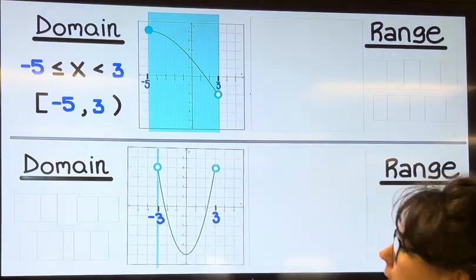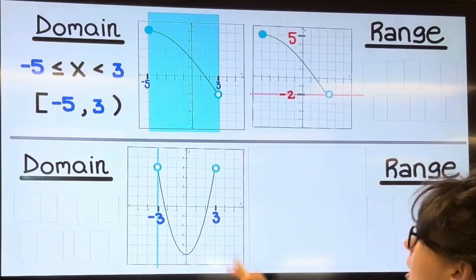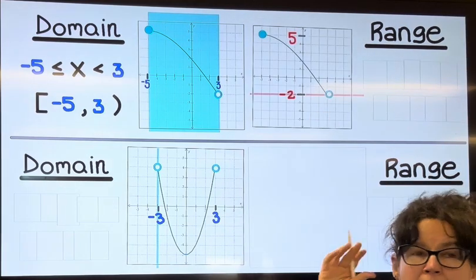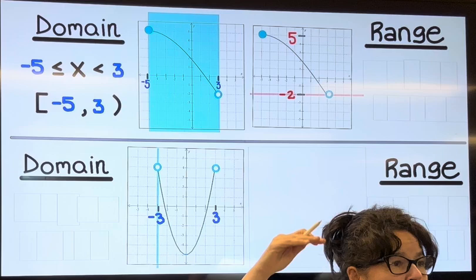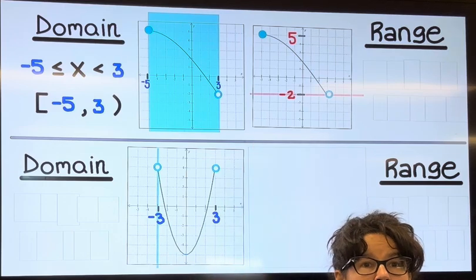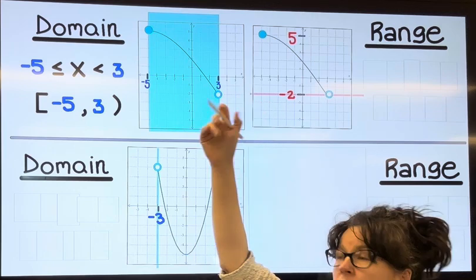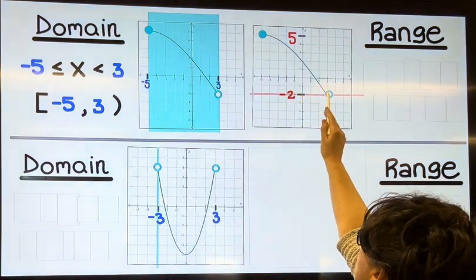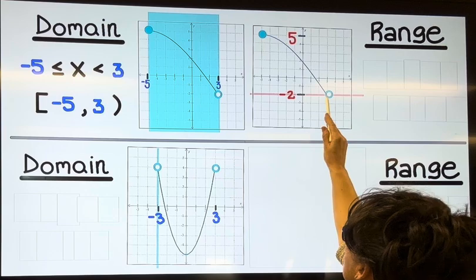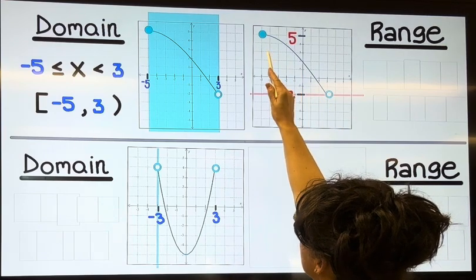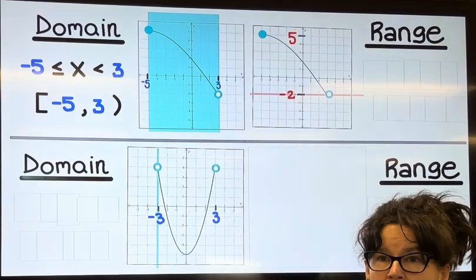Now we're going to look at the graph again, the exact same graph, but for the range, you're really thinking how low can the graph go and how high can the graph go. This is the lowest I can go, and going up there, that's the highest I can go.